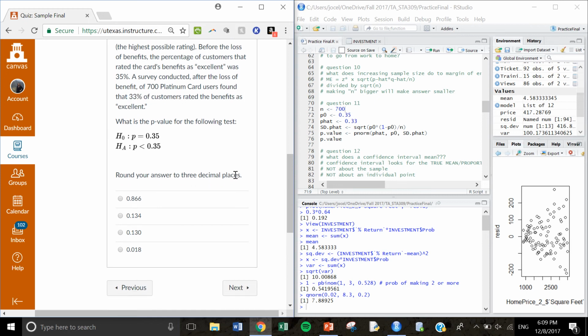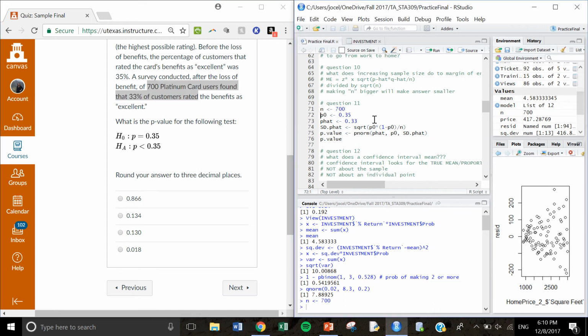So when we do our p-value without a data set, I'll define my n, which is my sample size. It told us card users. Null was 0.35, which is here. And p-hat, our sample proportion, was 0.33. So I'll define all of these.